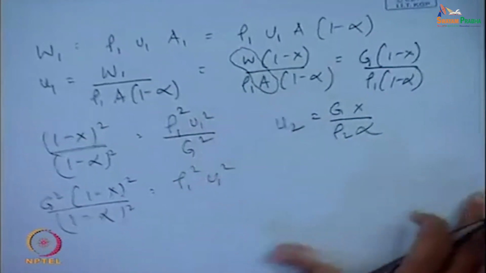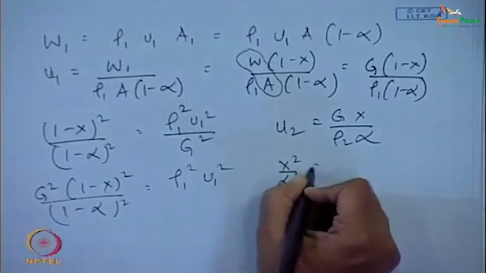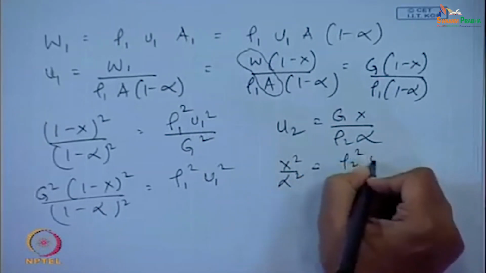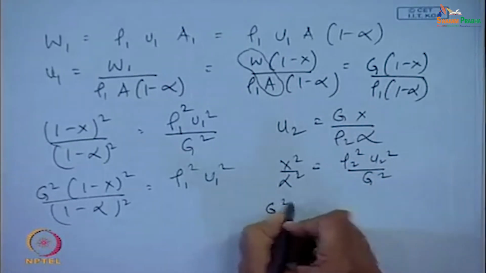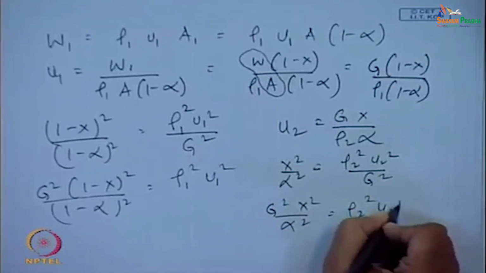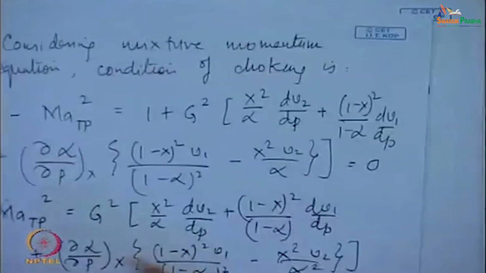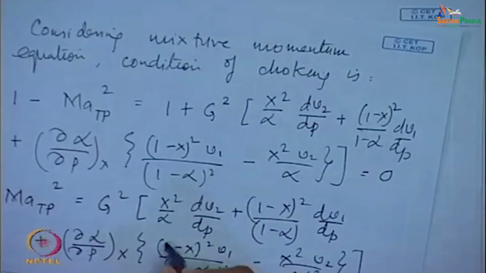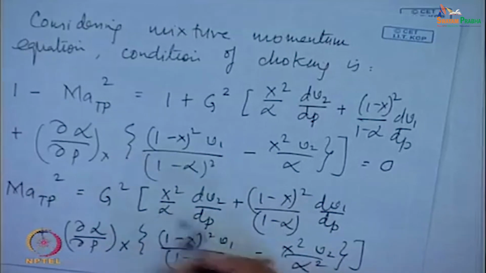In the same way, we would like to get x square by alpha square, it is nothing but rho 2 square u2 square by G square, and similarly G square x square by alpha square equals rho 2 square u2 square. Okay. So, therefore, here G square into 1 minus x whole square, this particular term we can substitute, and G square x square by alpha square, this particular term we can substitute, correct.